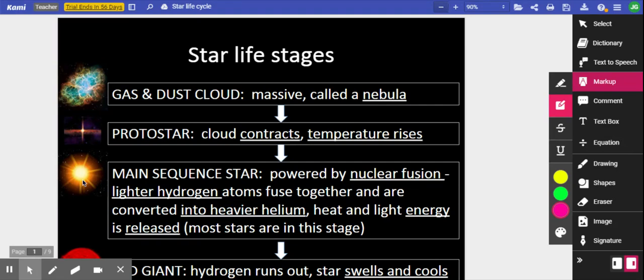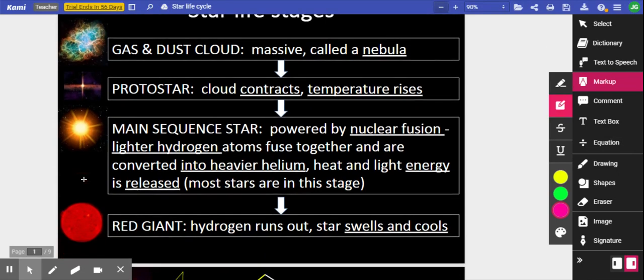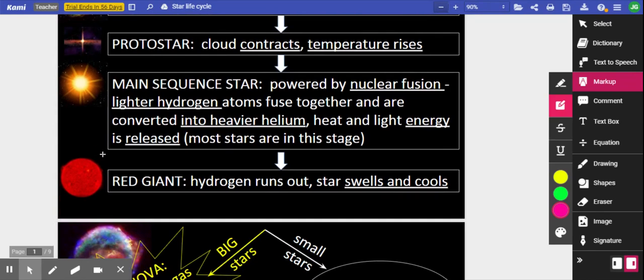But eventually, our star and all stars will run out of their fuel and run out of their hydrogen. And the rule is the larger the star, the shorter its life, the faster it burns through its fuel.